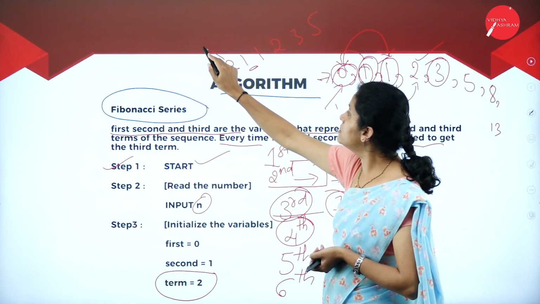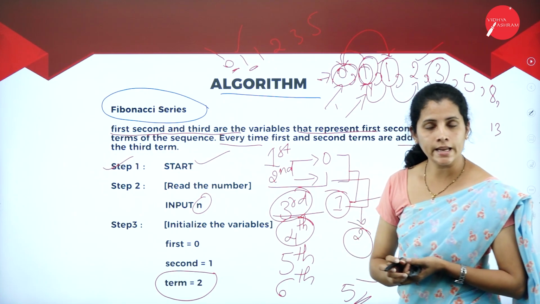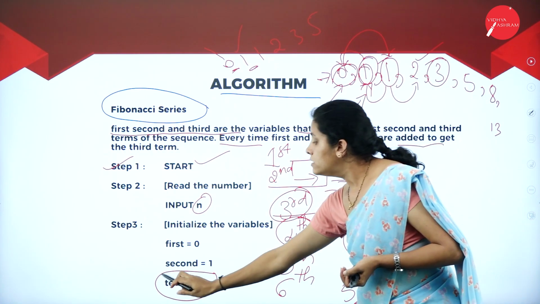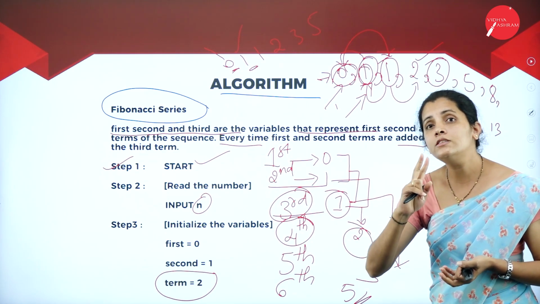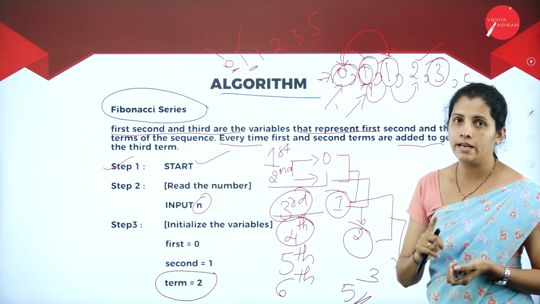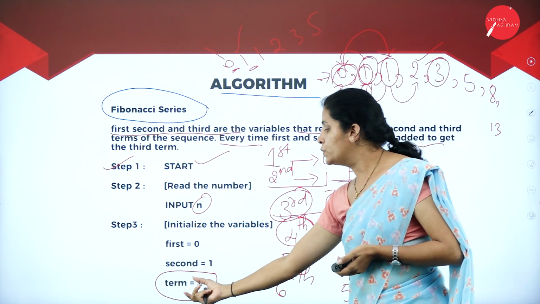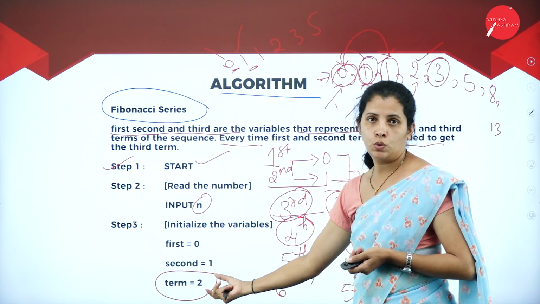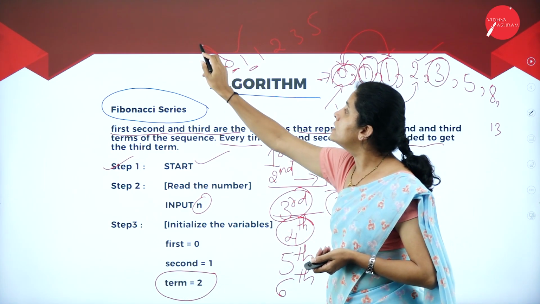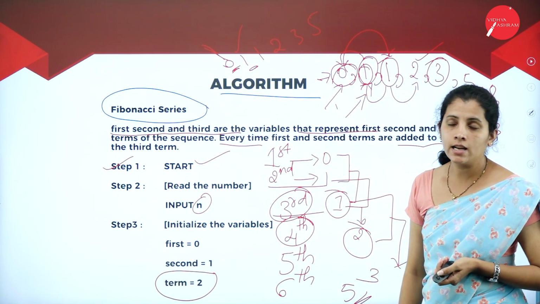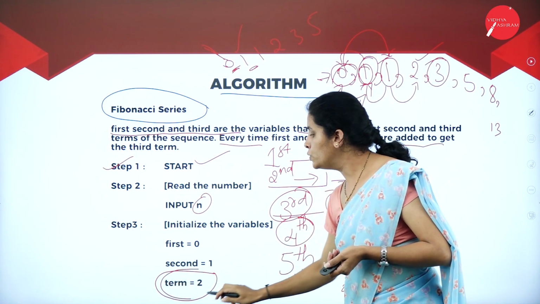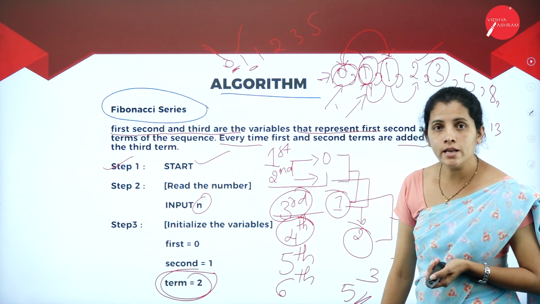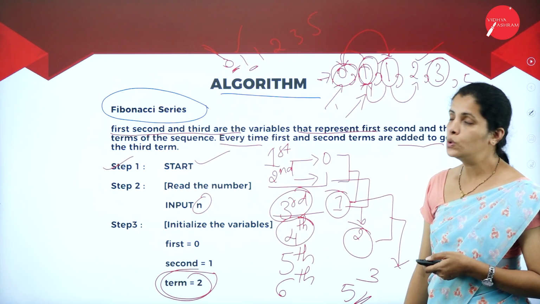Because this is my first number and this is my second number. That means the term is used to indicate that the first two numbers are assigned. That is the reason I'm going to use term equal to 2. First number I have 0 and second number I have 1. In order to indicate that, I'm going to use the variable term equal to 2.